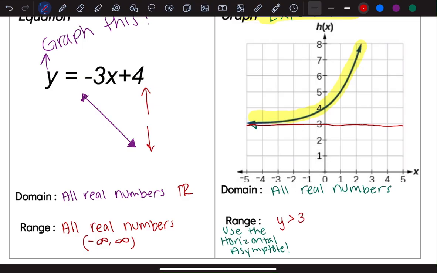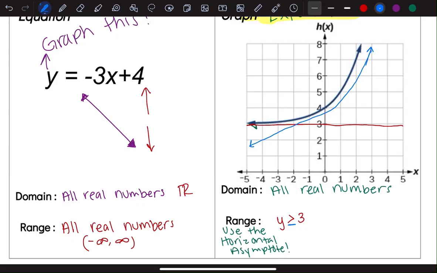The reason why my inequality is not greater than or equal to is because this function right here does not touch 3. Okay, let me show you. Say my function actually looked like this.